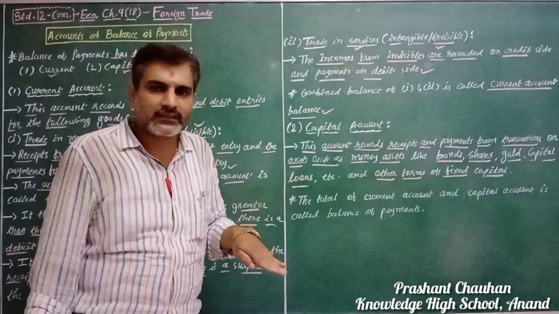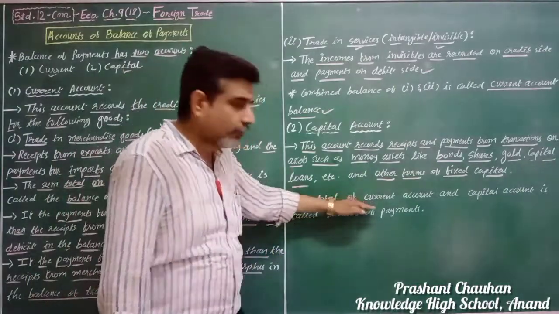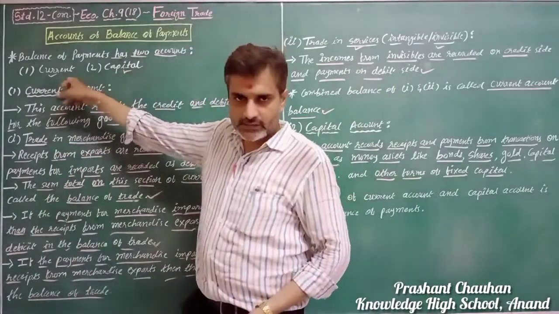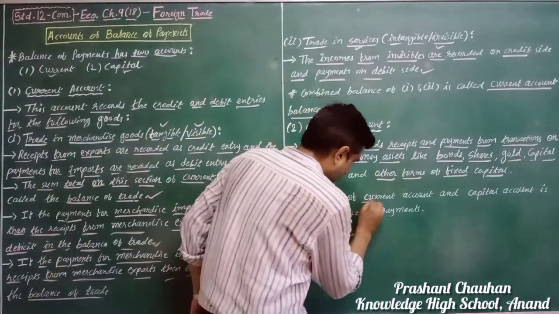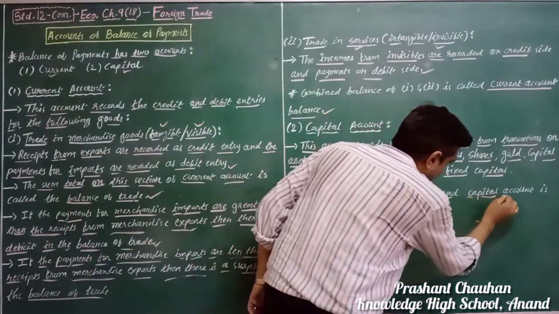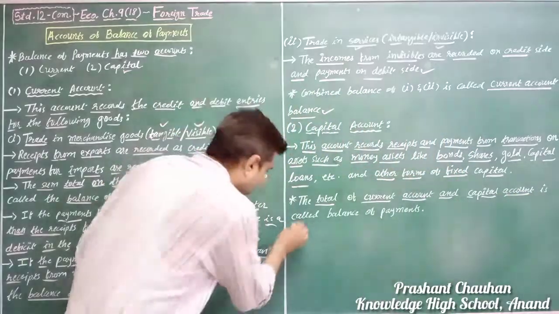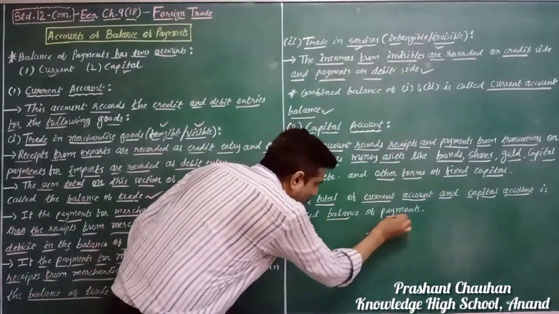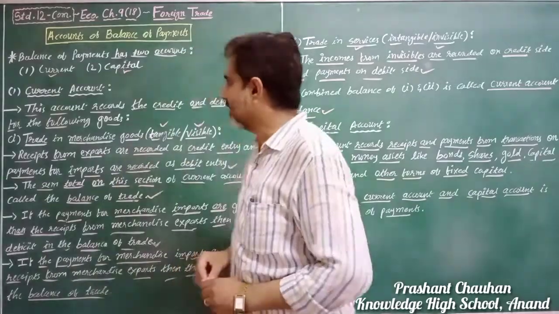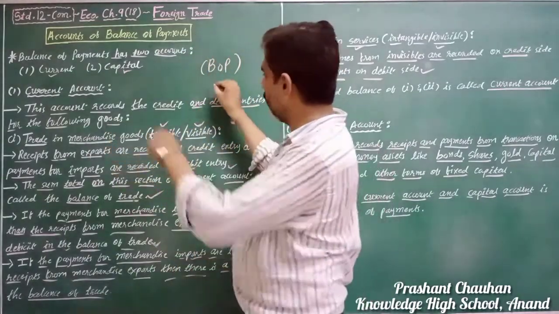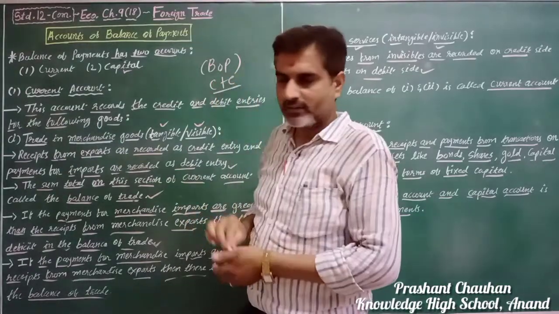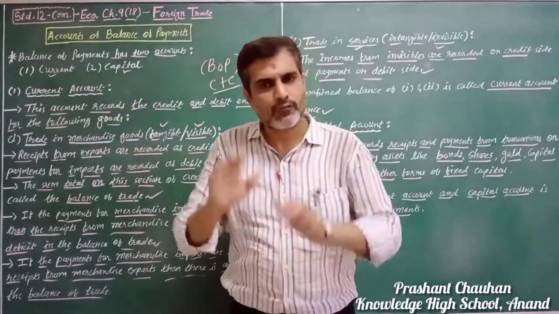Now the final thing, the total of current and capital. The total of current account and capital account is called balance of payment, that is BoP. Total of C plus C, current plus capital, for your information.